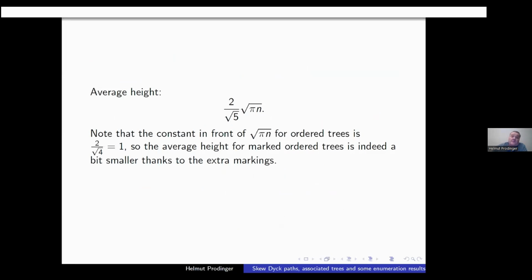And if we compare this with the average height of ordered trees, which is asymptotic to square root of pi n, here the factor in front is 2 divided by square root of 5, which is a little bit less than 1. So this average height is of the same order, but a bit smaller. I don't know whether this is intuitive or not.